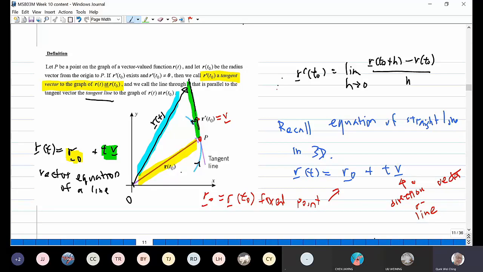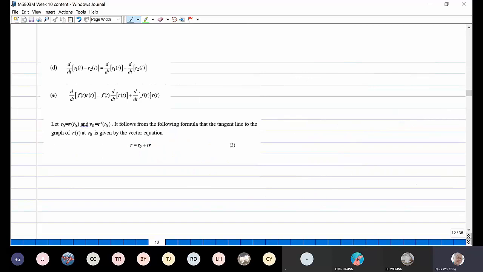After this, there are some differentiation rules that follow. You can do a product rule for the dot product, and for the cross product there is also a product rule. Basically, the second one is the product rule here.